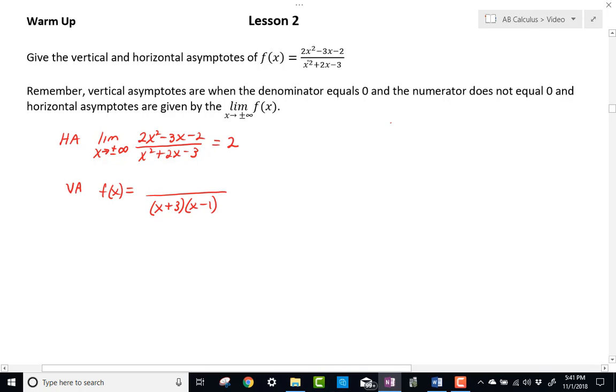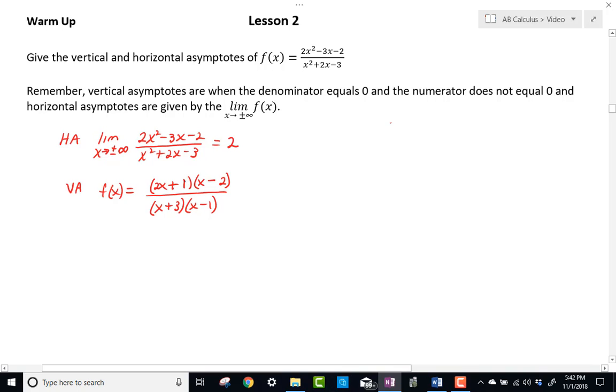All right, and the numerator, let's see if we can factor it. I think we can. The numerator is going to factor as 2x and x, and this would have to be 2 and 1, negative and positive.